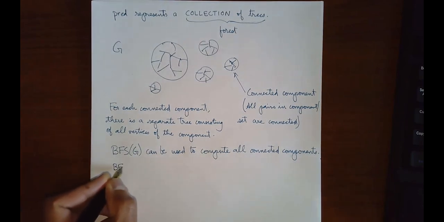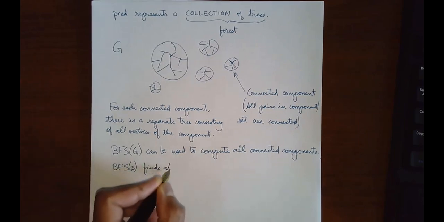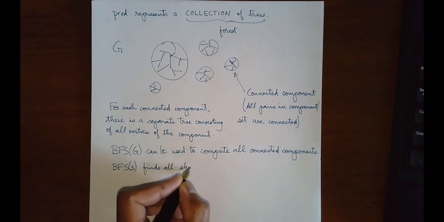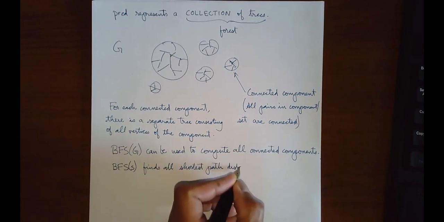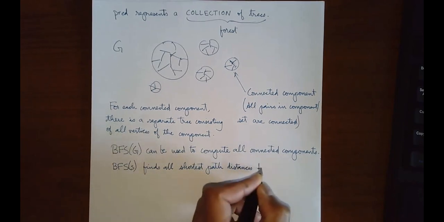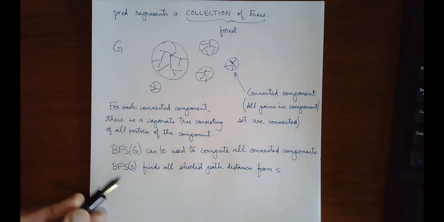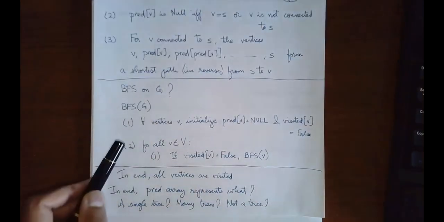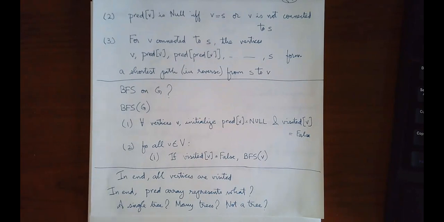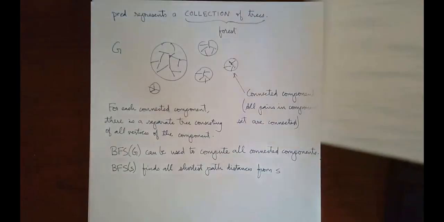Now, BFS of S finds all shortest path distances from S. Right? So you see how BFS, by slightly modifying things, can do lots of really cool things. And that's one of the big use cases of BFS, the ability to do multiple things. I'll give you more examples of this. But I hope this is clear.